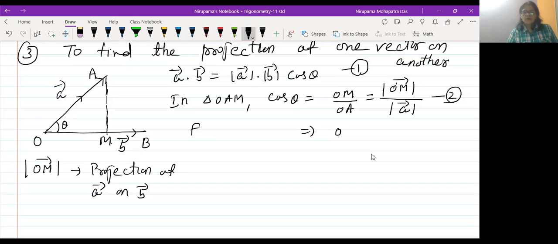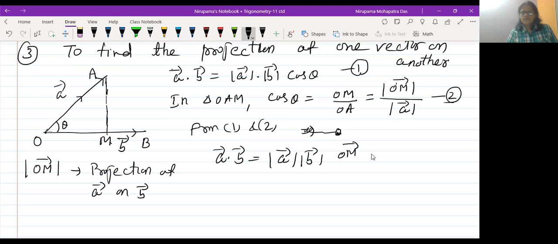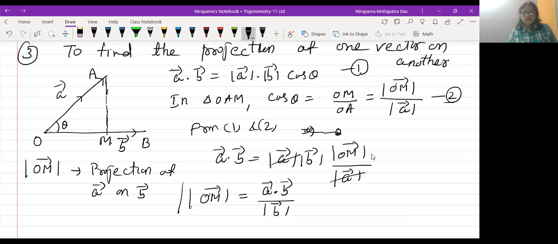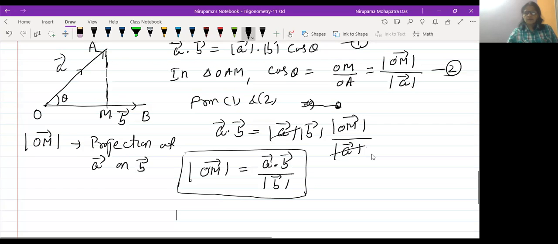Now from 1 and 2, A dot B equals magnitude of A into magnitude of B, where cos theta is replaced by magnitude of OM divided by magnitude of A. So this cancels, and you get magnitude of OM equal to A dot B divided by magnitude of B. Magnitude of OM is basically the projection of A on B.